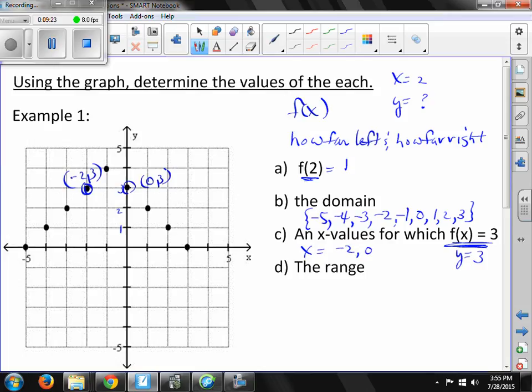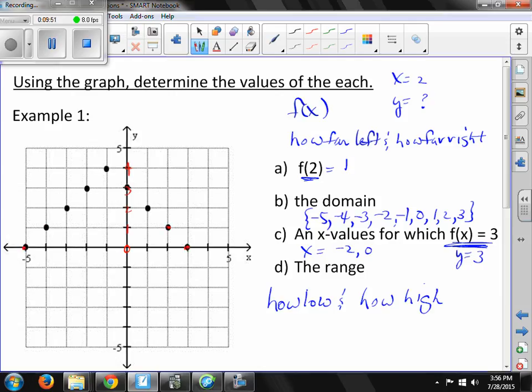Now we want to find the range. The range is talking about how low and how high. How low and how high does the graph go? If we look at the y-axis, that gives us how low and how high. So the first points have y values of 0.